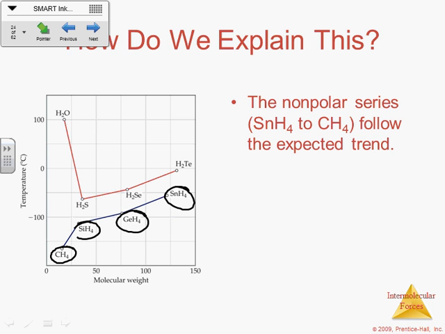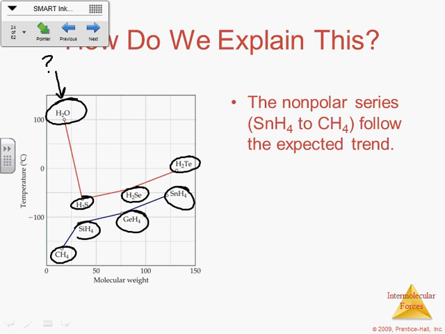Okay, and same with the hydrogen attached to some different things that are in group 6. You've got H2Te, H2Se, H2S, and then you've got this crazy anomaly here, the water. And so the question is, why is it that the water has such a higher boiling point, because it has a smaller mass?